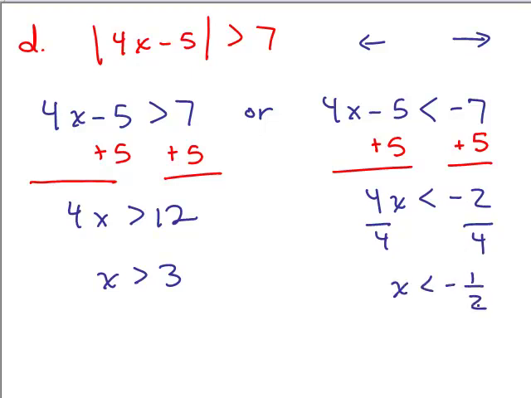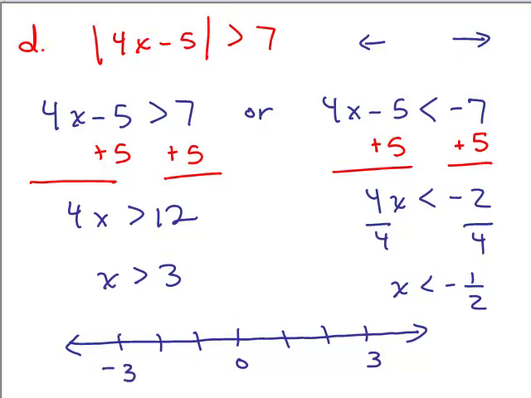All right, so what does that look like on the number line? Let's say here's 0, let's say 1, 2, 3, and negative 3. So we've got greater than 3. So here's 3, and I've got to do numbers to the right of 3, and it's greater than as opposed to greater than or equal, so we need a parenthesis here at 3, and then going to the right.